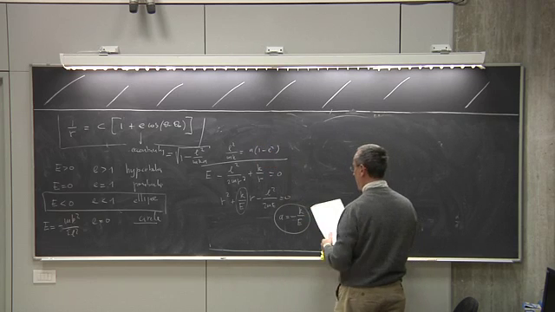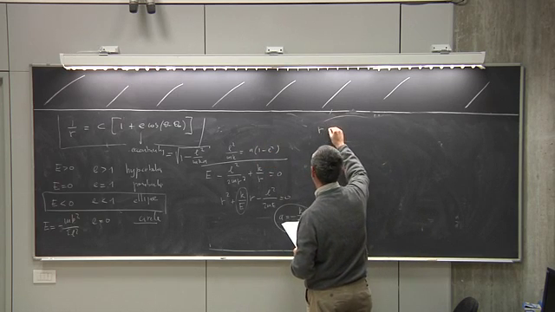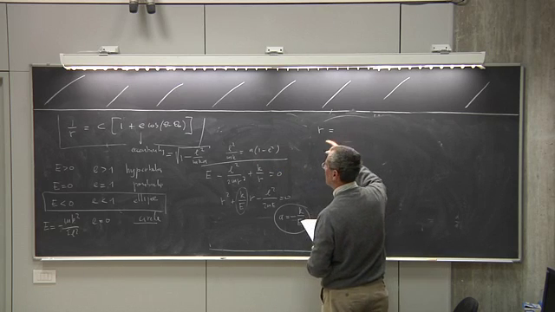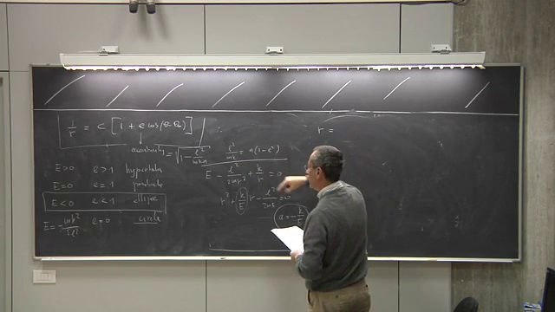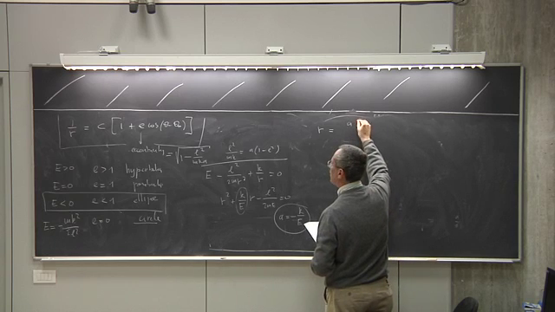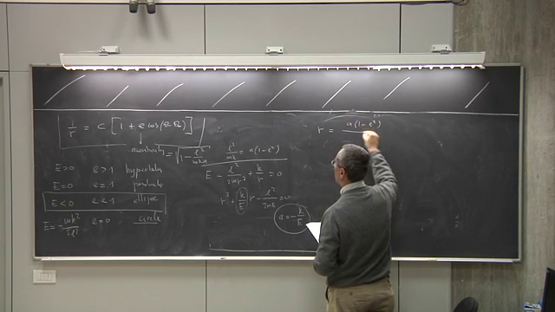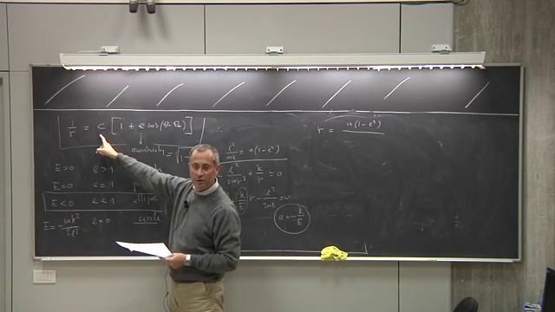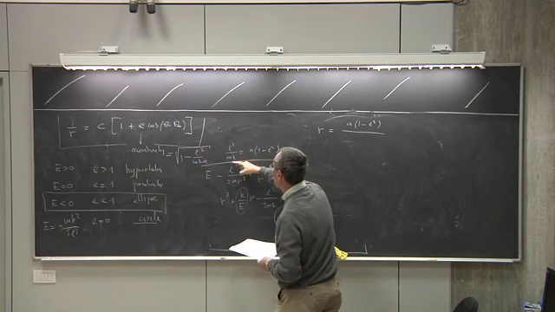So 1 over r, I like it better written like this, the orbit is, so let's take 1 over r is equal to, okay, you see you have the a(1 minus e squared), that is L squared over mk. Remember what C was, right? So I can rewrite C as equal to this.